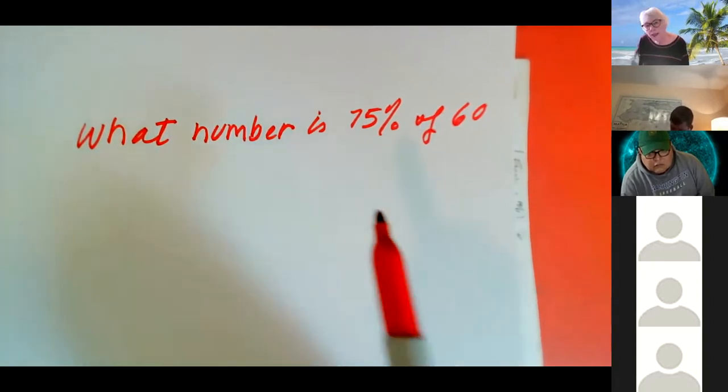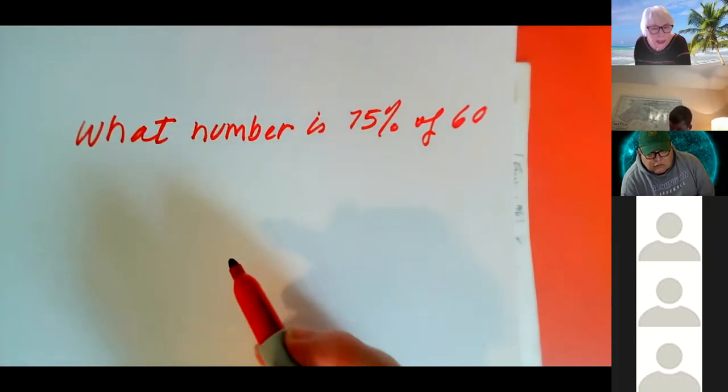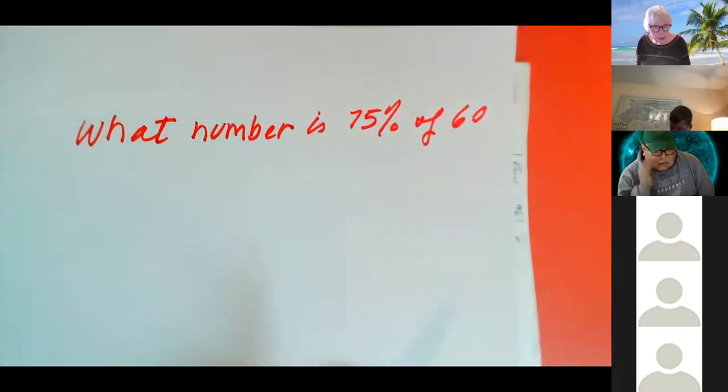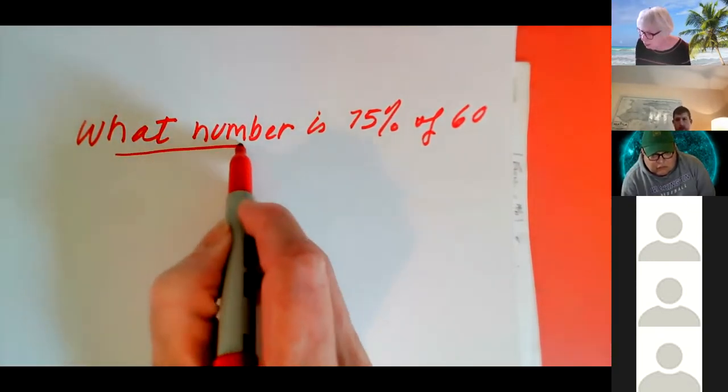And so I still think that the simple equation is the path of least resistance, which I'm trying to help you with. But I'm going to do it two ways, and then you pick. And I'll talk more about that when we get into word problems. But this one translates real easy.